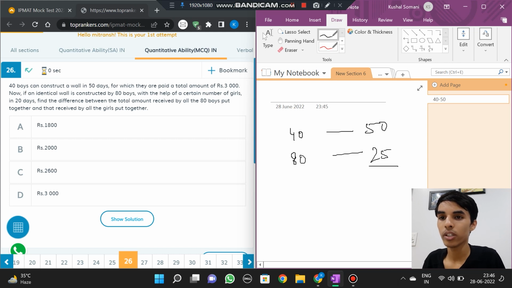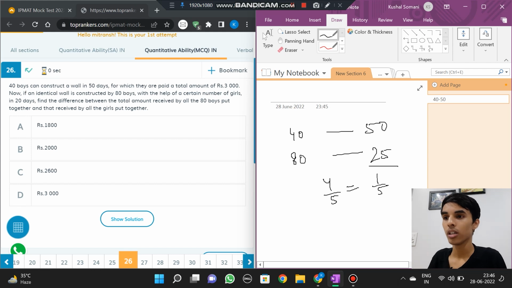So 25 days should be taken, but they're working only for 20 days, which means 4/5 of the work is done in 20 days by all the boys, because it's 20 by 25, 4 by 5. So 4/5 of the work has been done by 80 boys in those 20 days, which means the girls are doing 1/5 of the work.